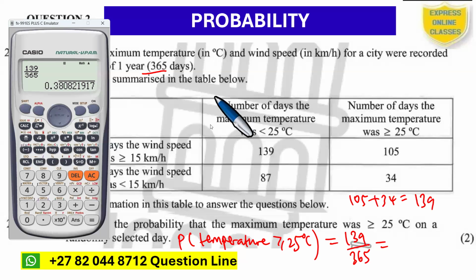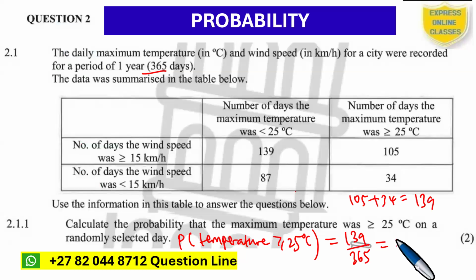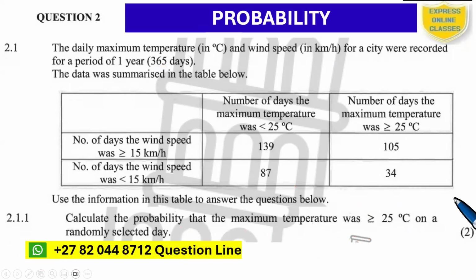So you're going to get 0.38. 0.38 is exactly the same as 38.08%. Any question? No question. Let's look at the next one.